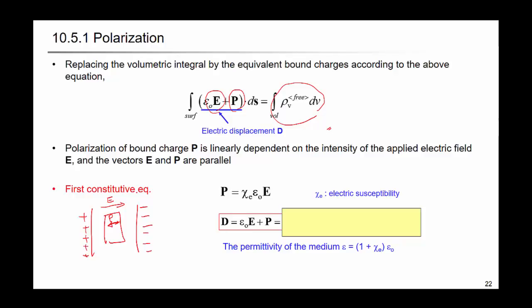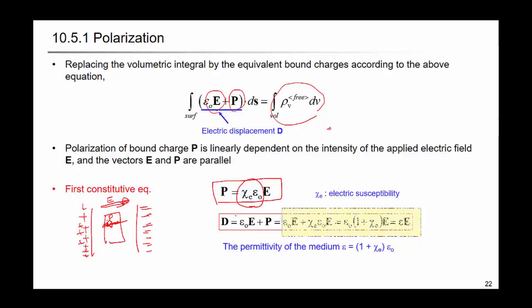So if you put more charges here, and this becomes bigger, the polarization vector also increases to compensate that. So we can see the linear relationship between P and E, and we introduce another concept, the electric susceptibility here.